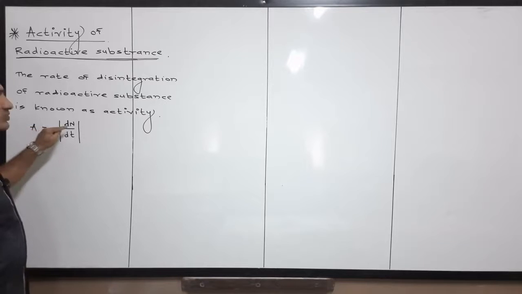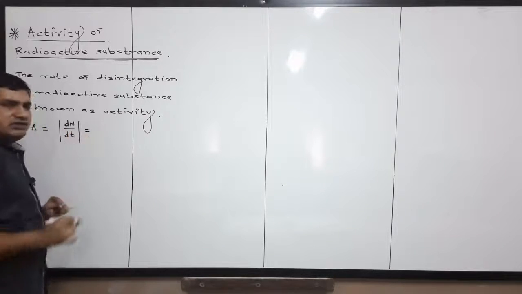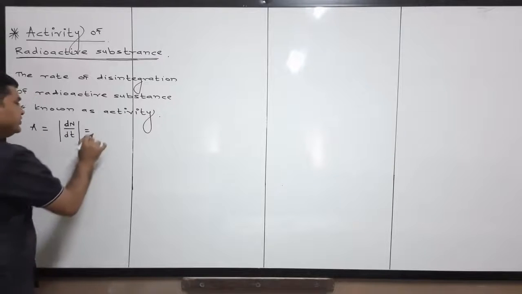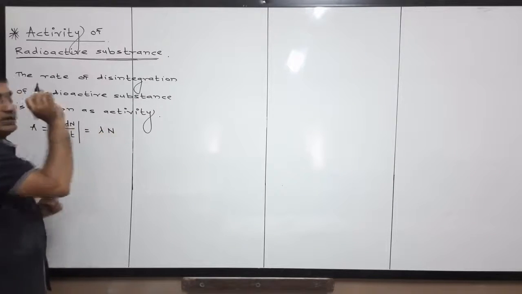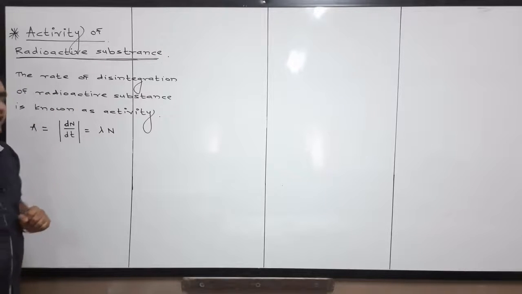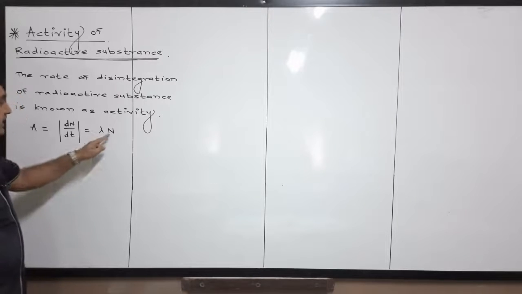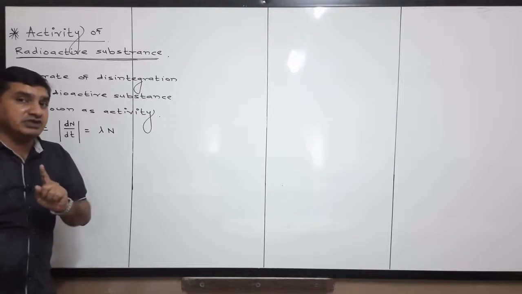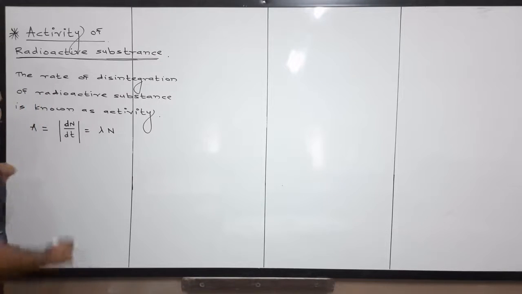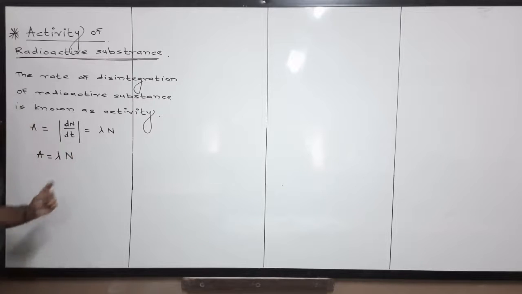If we consider magnitude only, this can be written as lambda into N, where lambda is the decay constant and N is the number of radioactive nuclei at a time t. Therefore A is equal to lambda into N.